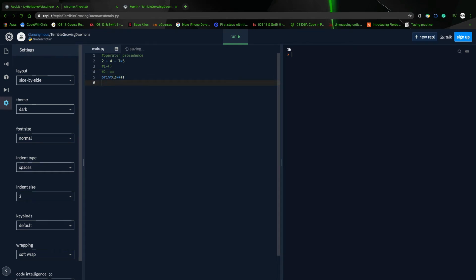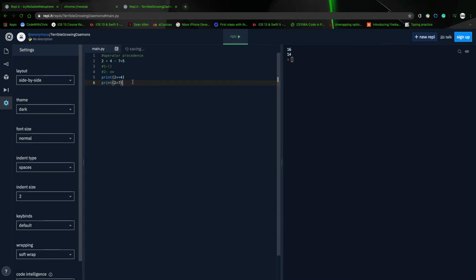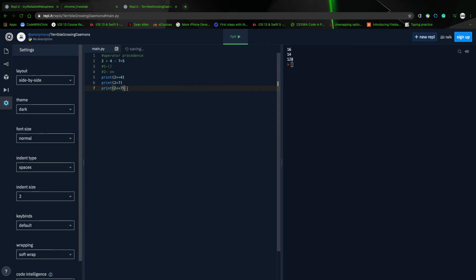In the previous video I showed you multiplication, which is 2 times 4, or 2 times 7, but if you use the double asterisk twice, you'll get 7 squared. Moving forward, the third one is multiplication and division, and the fourth is addition and subtraction. Precedence is just the way it goes.